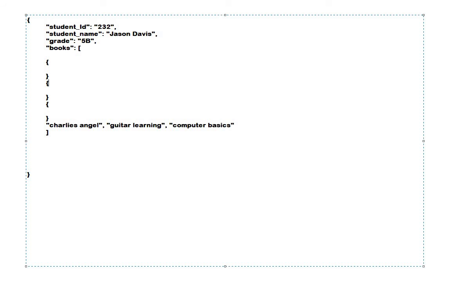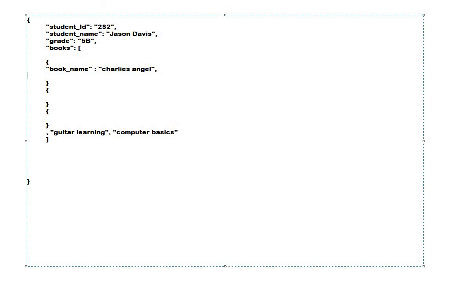So here you want to have more like a JSON object inside the array, which would have a book name, right? It would be Charlie's Angel, of course. And then the comma goes, if you have more here, then obviously you're going to have a book ID.